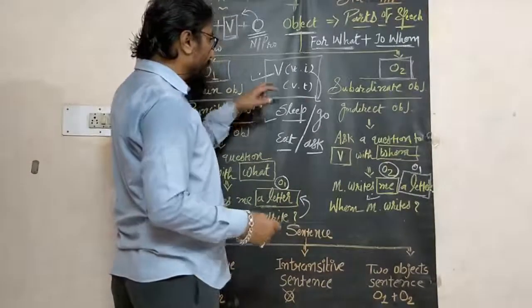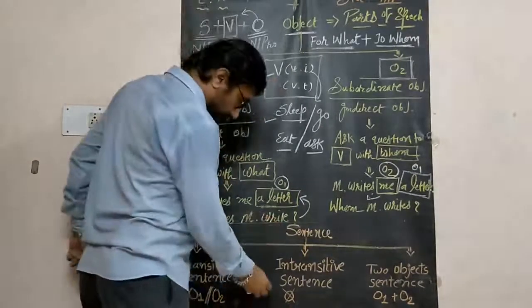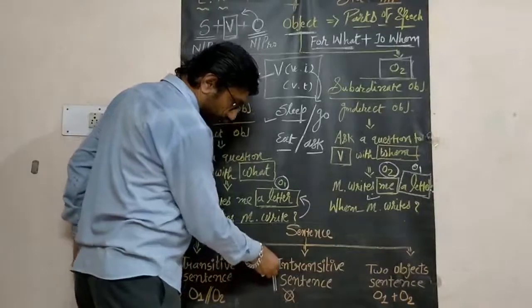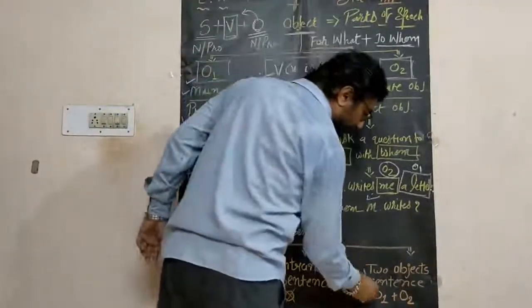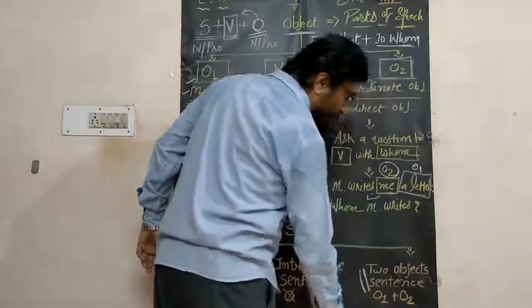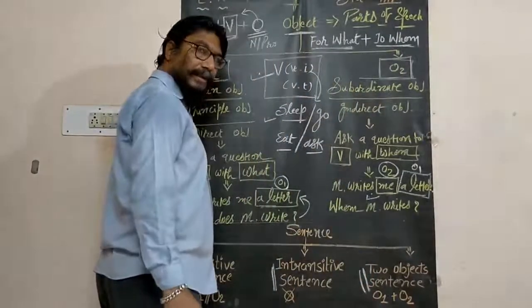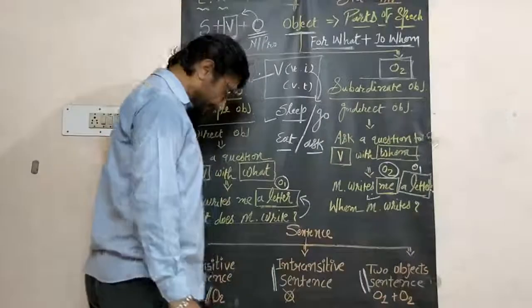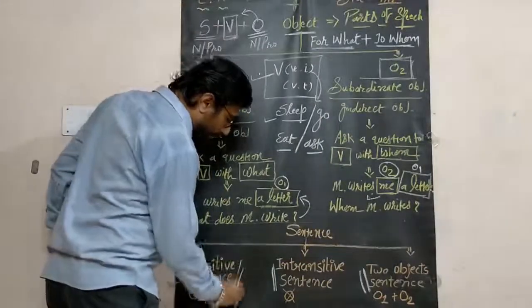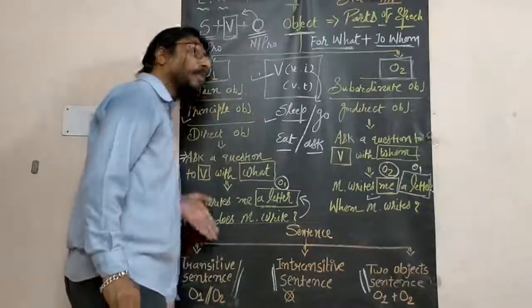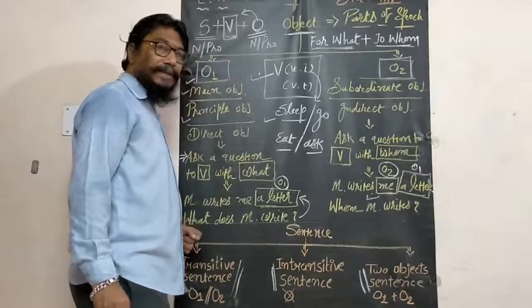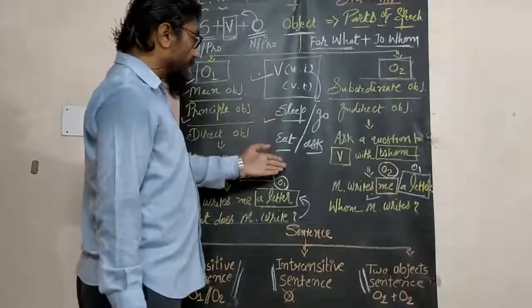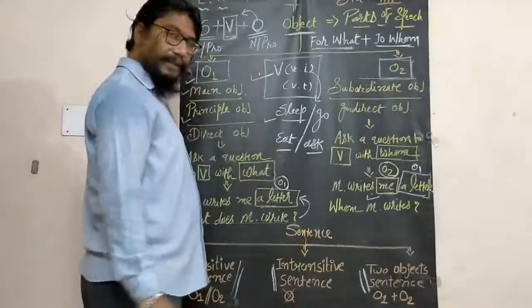So where a verb intransitive is used, that sentence will be an intransitive sentence. Where object 1 and 2 both are used, that is a two objects sentence. Wherever either one is used, O1 or O2, that is a transitive sentence. Based on this, the verb is given.